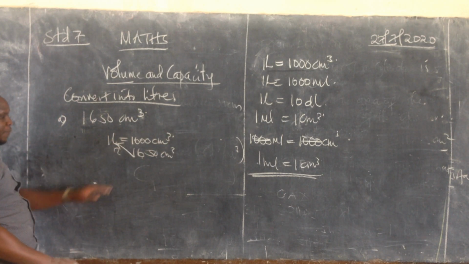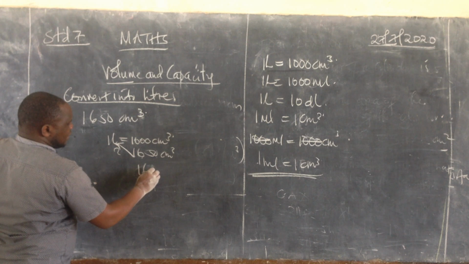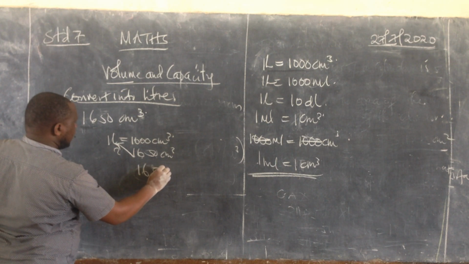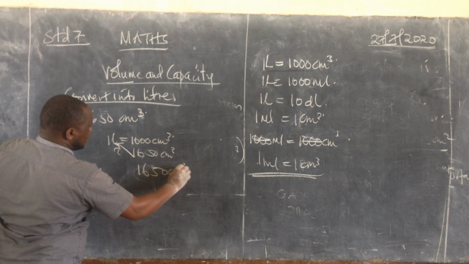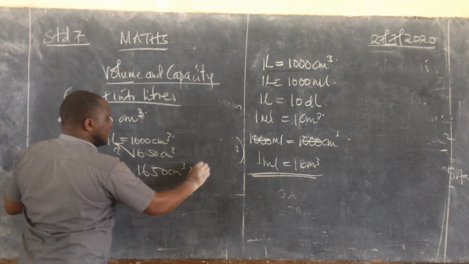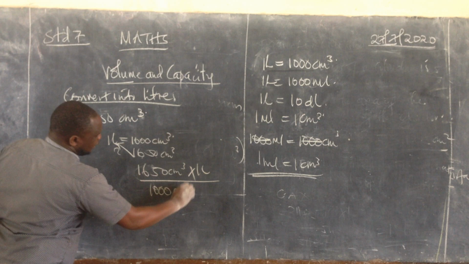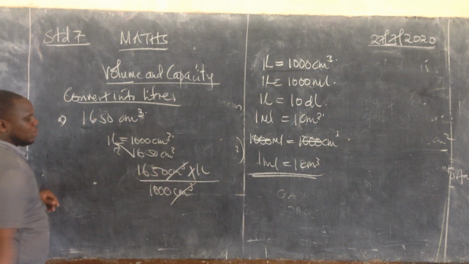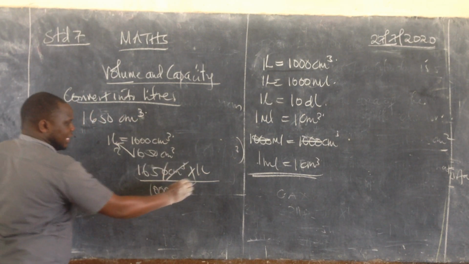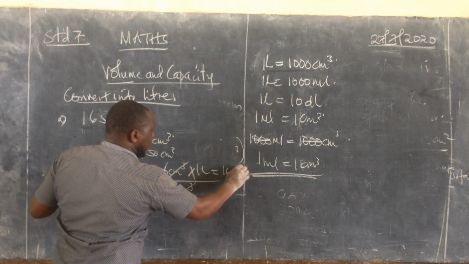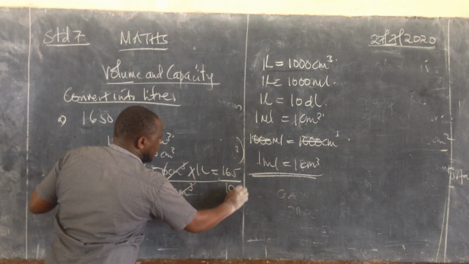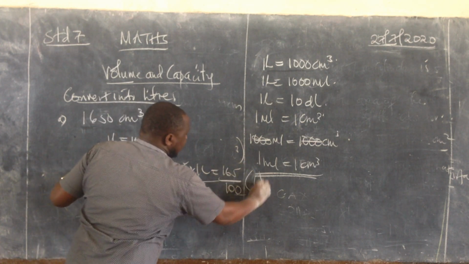So you are cross multiplying. 1650 cubic centimeters times 1 liter over 1000 cubic centimeters. Cubic centimeters will cancel, the zero will cancel, and you remain with 165 over 100. But the units are going to be liters.